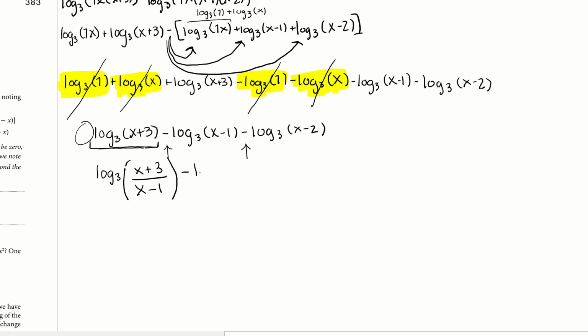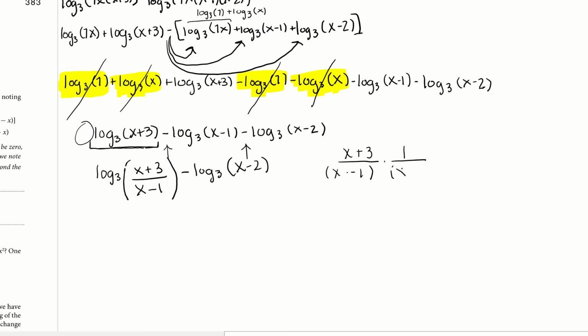And then I will have minus log 3 of x minus 2, and again I can do the quotient rule, and this says I will have x plus 3 divided by x minus 1 divided by x minus 2.